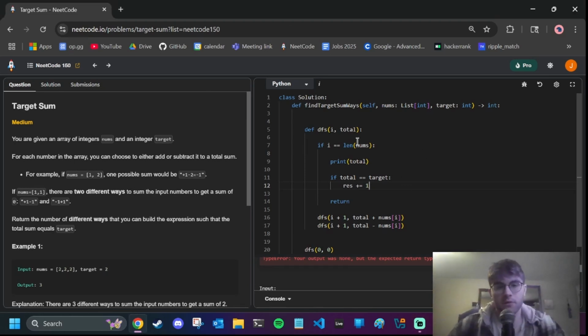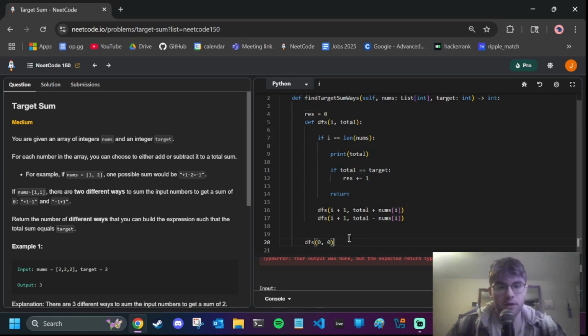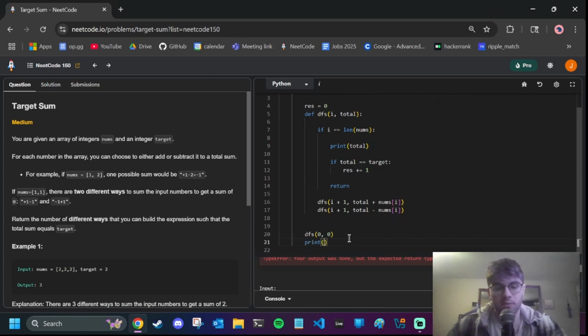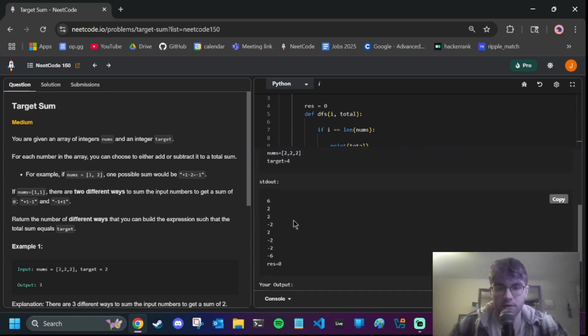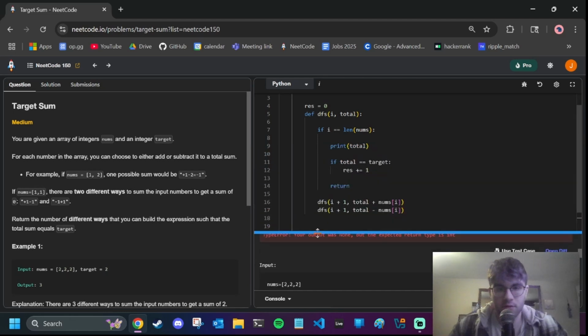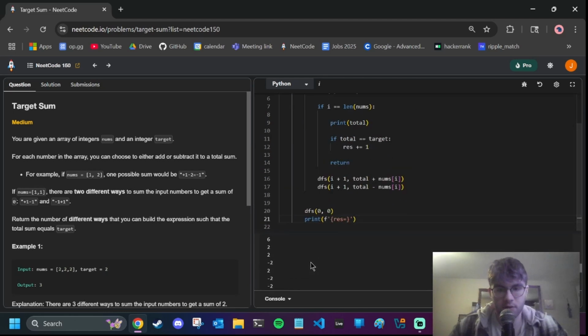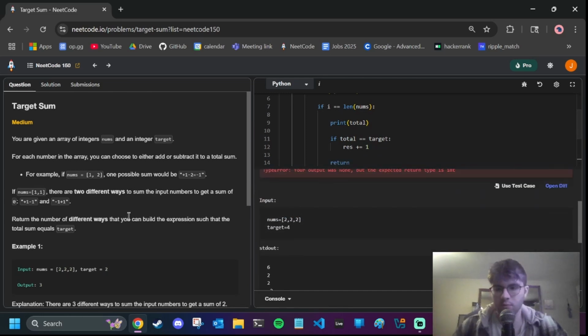So if the total equals target, then result will go up by 1, and then let me print result. So in this case, it says 0. What is target? Target's 4. Yeah, so it's impossible, right?